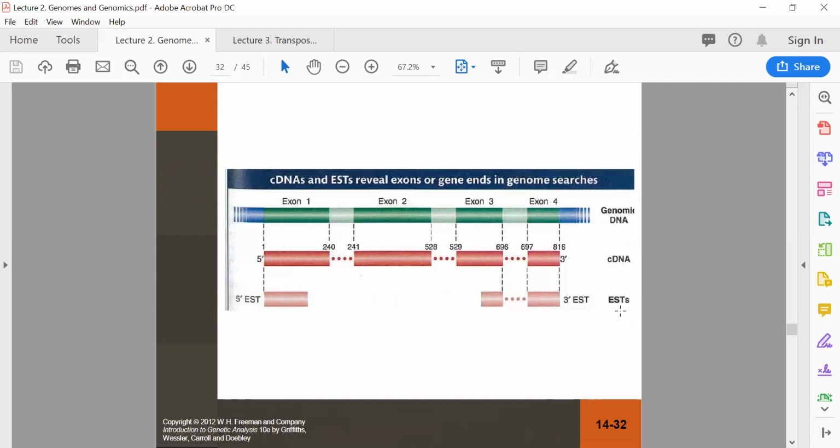And then we have the final one, ESTs, expressed sequence tags. So these represent just the end sequence, the 3' sequence of a gene, and maybe the 5' sequence of the gene. Okay, so they're called ESTs.